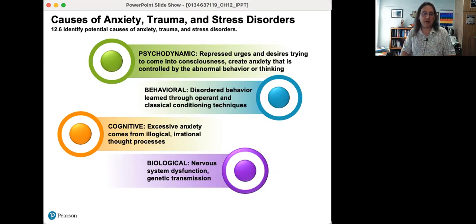So that's the cognitive model. And then you have the biological model, which is the nervous system dysfunction or genetic transmission. So somebody could really have a panic attack for no reason at all. Okay, for some reason their heart rate goes up or their blood pressure goes up just because they're worked up.